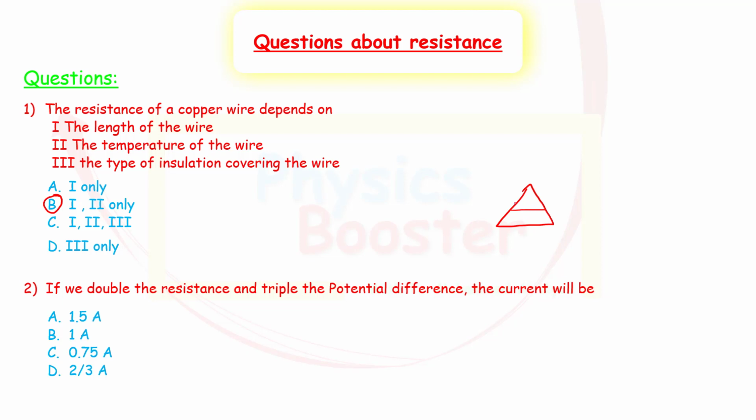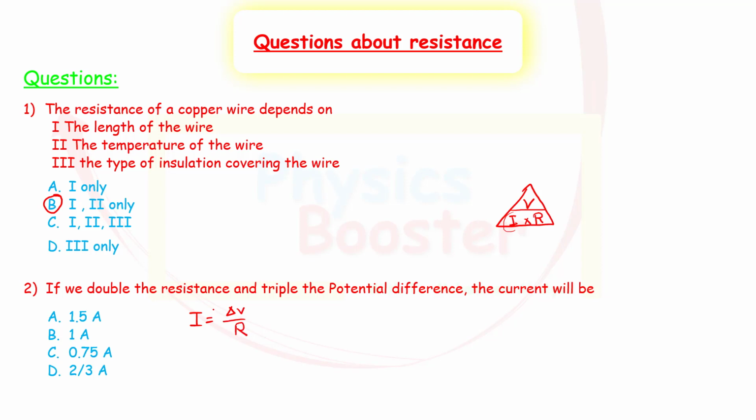We know that the potential difference is here, and here we can put the current, and here we can put the resistance. So if we want the current, it will be the potential difference divided by the resistance. So I, which is the current, is equal to the potential difference, delta V, divided by R.